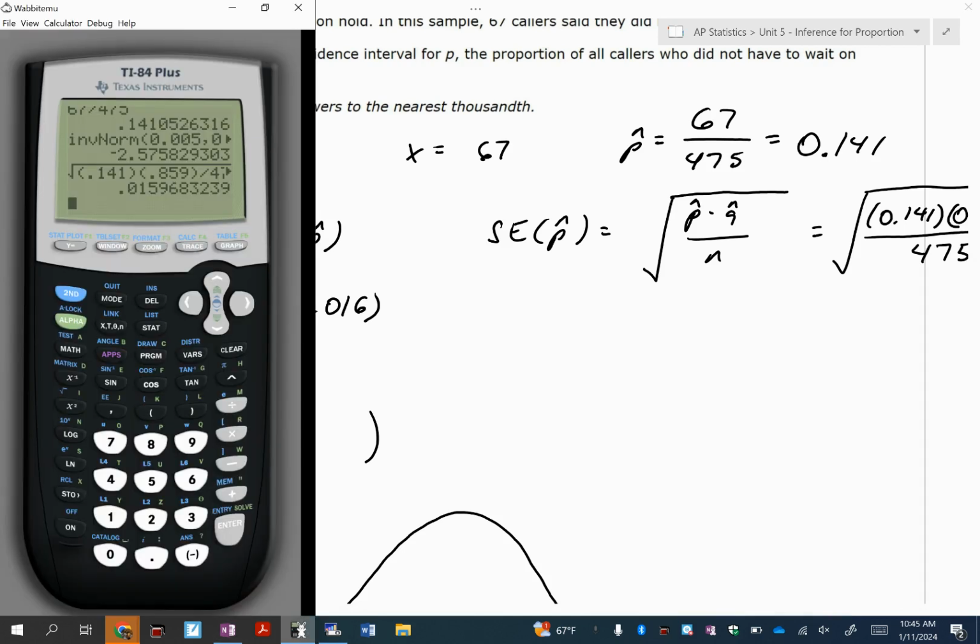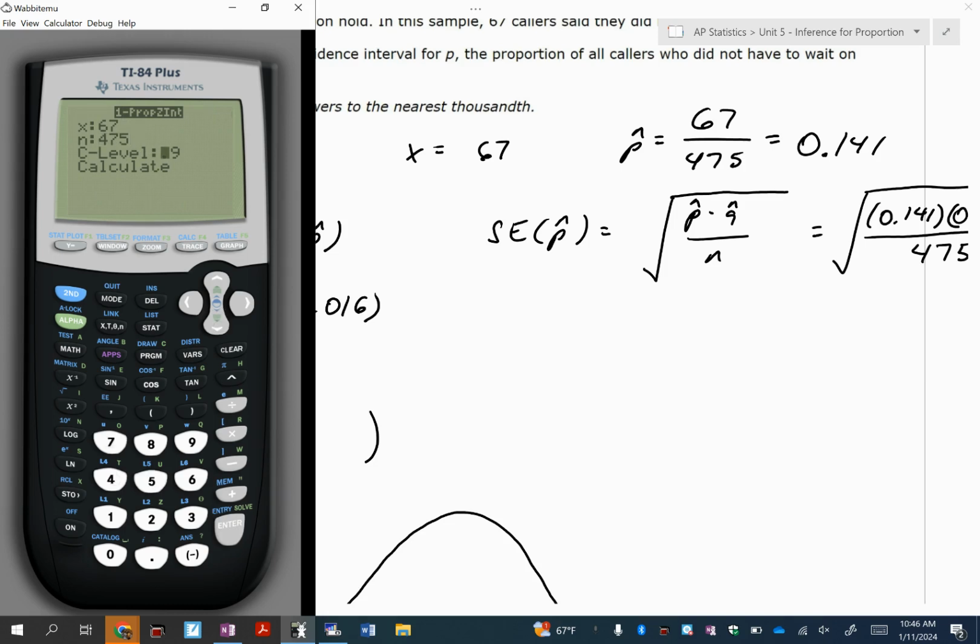All right, so you're going to hit stat, go over to tests. The only one we've used so far is letter A, which says 1 proportion Z interval. Hit enter on that. Our number of successes is 67. How many people did they randomly select? 475.